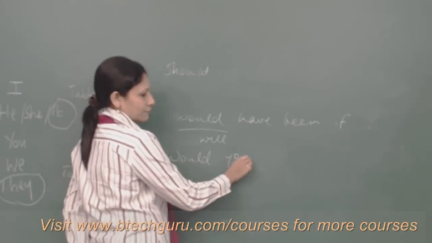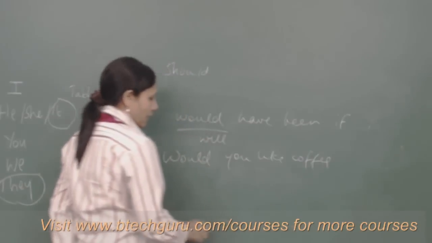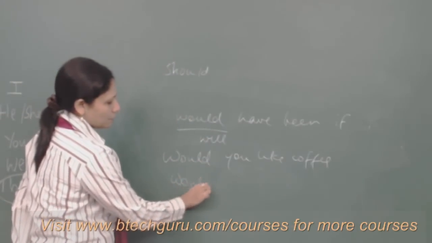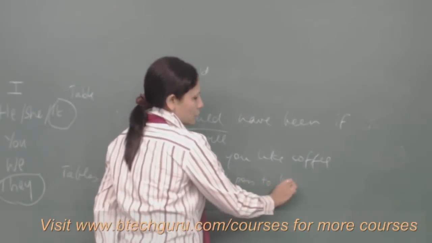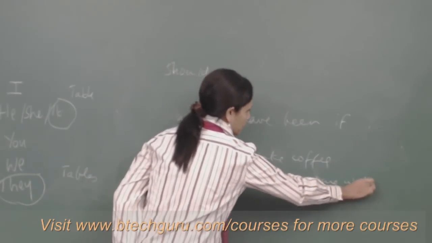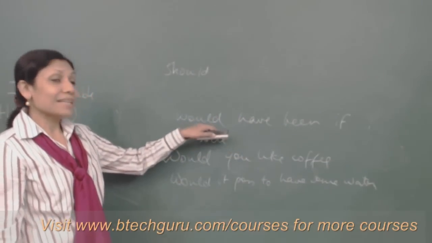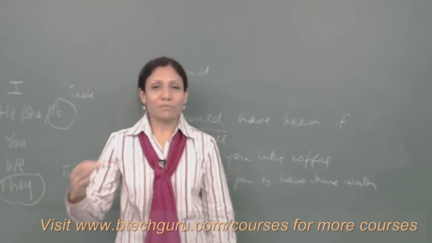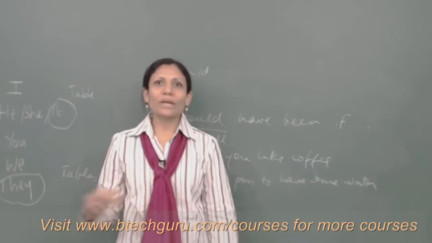Would you like coffee? And sometimes, have a look at this one: would it be possible to have some water? So, this is a request, this is also a request. This is about what if, the probability factor, and then you could use would have been.